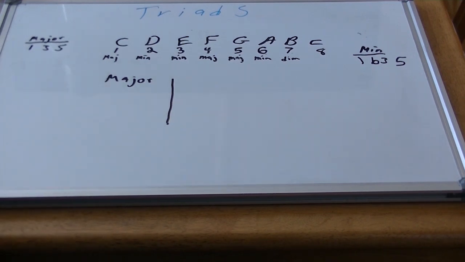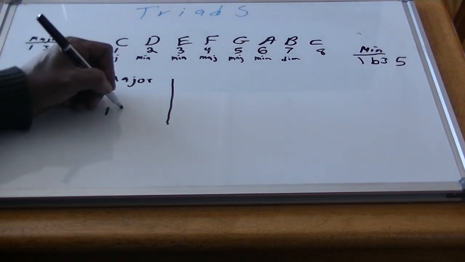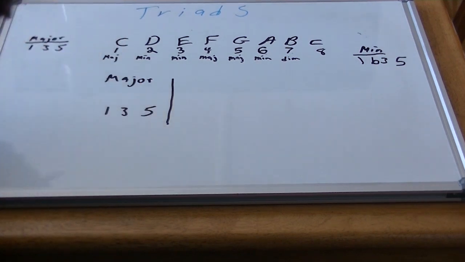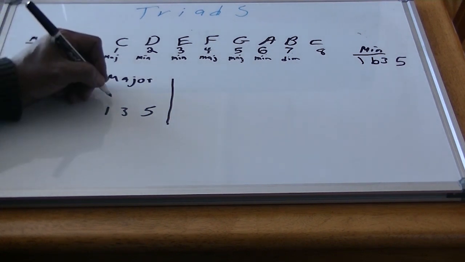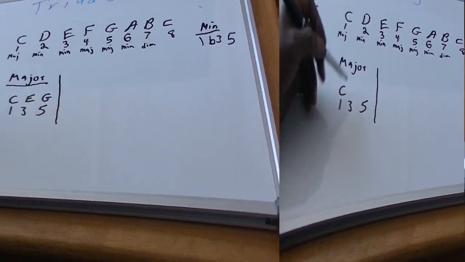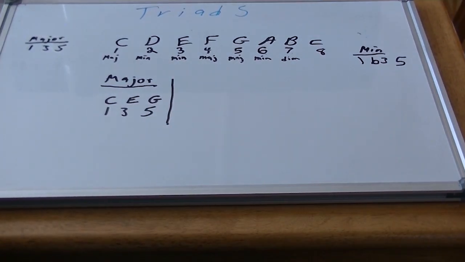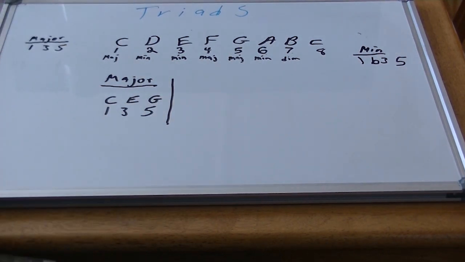So let's start with our formula. We know that the formula for a major chord is the first, the third, and the fifth notes of the root note's parent major scale. So now let's derive that C major chord. First thing we're going to do is take the first note of the scale, C, so now we have our C major chord. And it's important, I think I may have neglected to mention this.